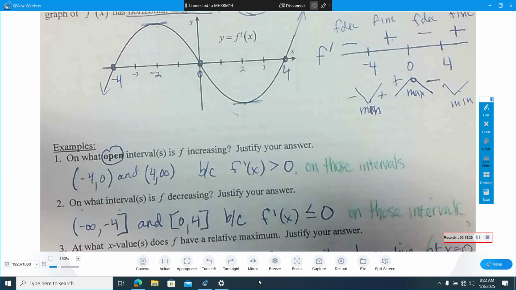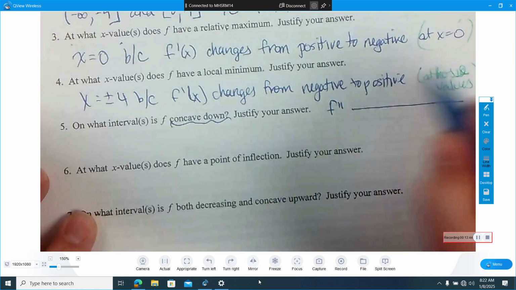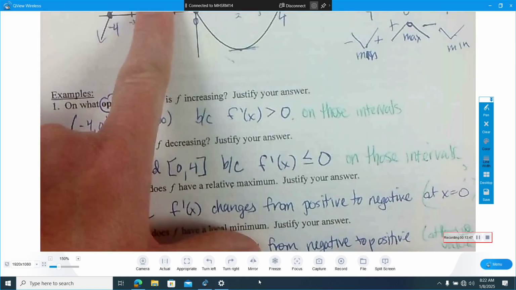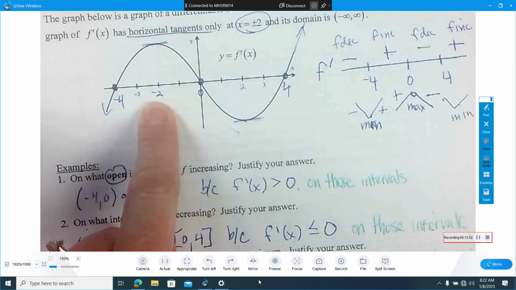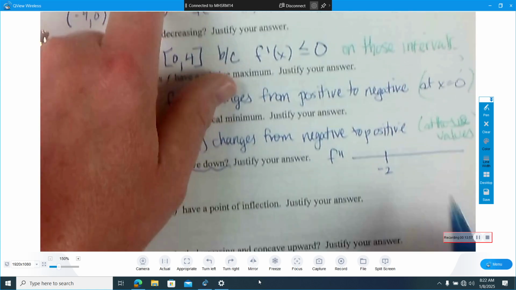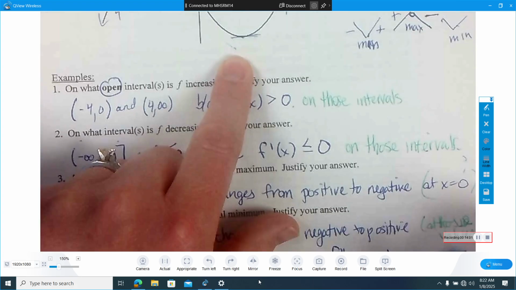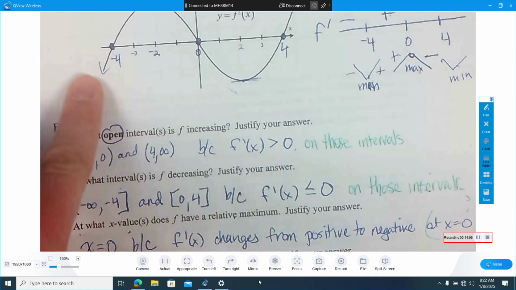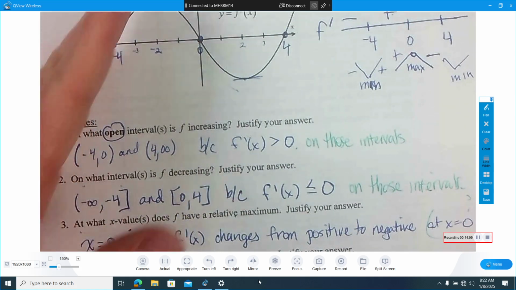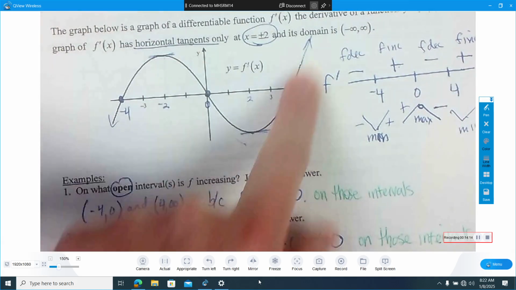We can also make a little f double prime sign chart if we want to. They told us that we had a slope of 0, a horizontal tangent, at -2. So again, that's a critical value there. I'm going to put that on my second derivative sign chart. And at +2 is another critical value. We can see from our graph that we have positive slopes to the left of -2, then negative, and then positive.